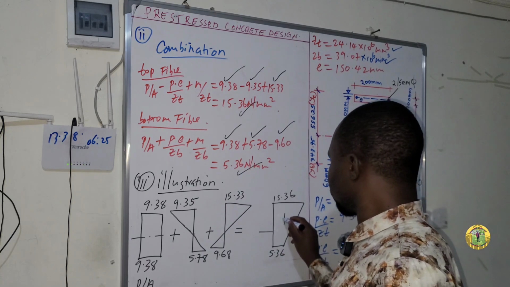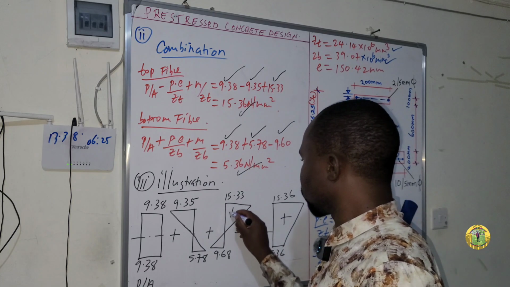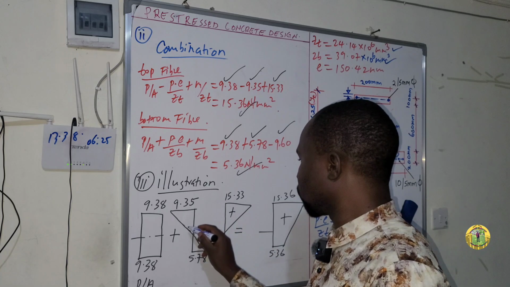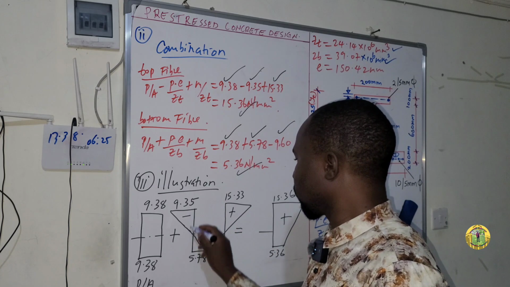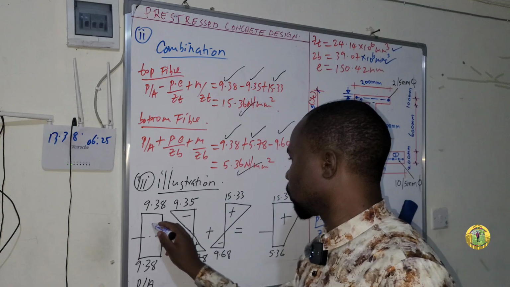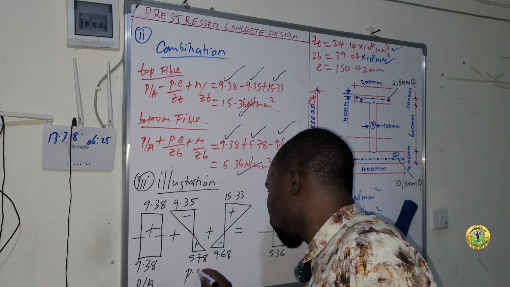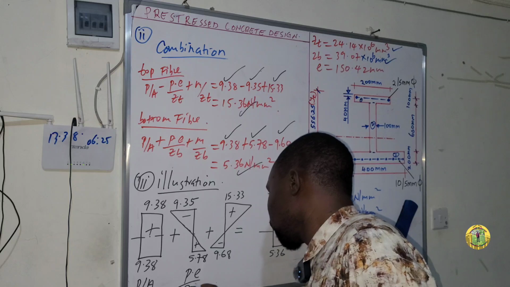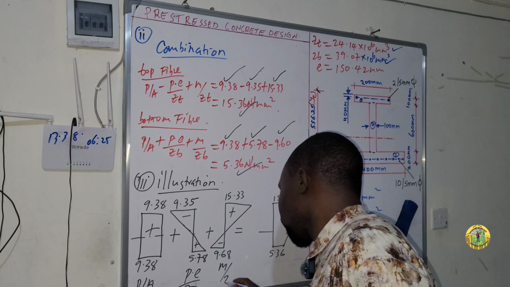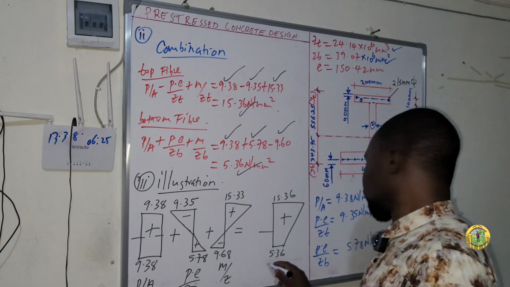So this is positive, negative, negative, positive, positive, and this is P E over Z, M over Z, and then the resultant.